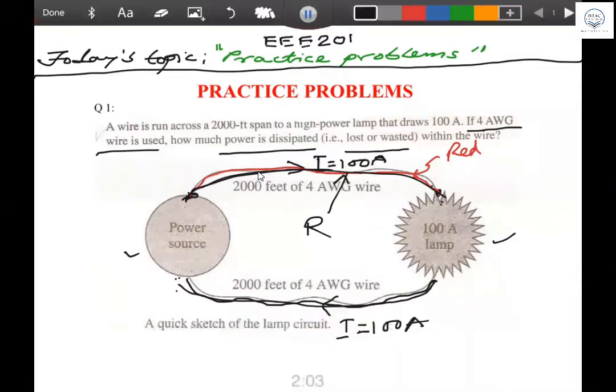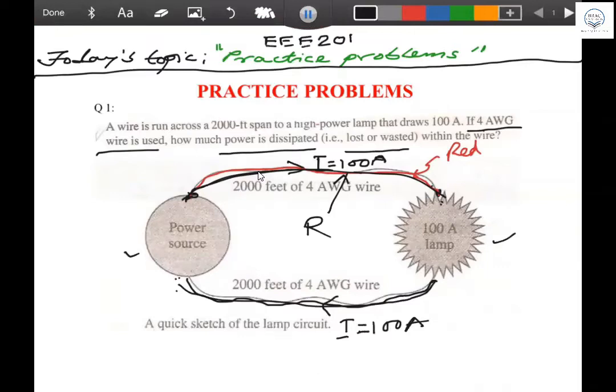What type of resistance is this? Can you tell me? Distributed resistance. Absolutely. I told you in the last class as well, distributed resistance, because it is distributed throughout the conductor. So 2000 feet long is the wire, and the resistance is distributed.